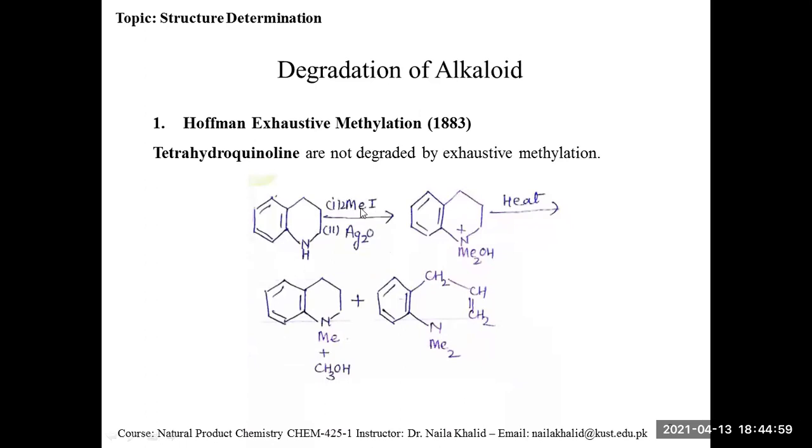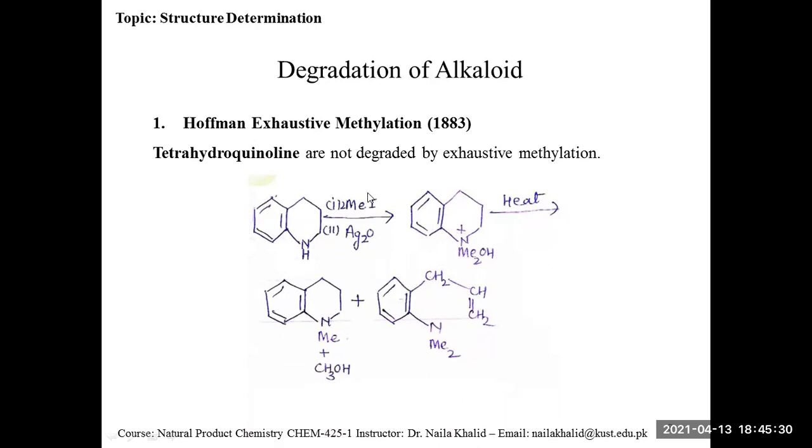When it is treated with excess methyl iodide and silver oxide, a quaternary ammonium salt is formed. Then after heating, it is converted into a double bond and this bond is broken. But again, this will not be decomposed because there is no beta hydrogen over here. Here is the alpha position, here is the beta position, no beta hydrogen available.